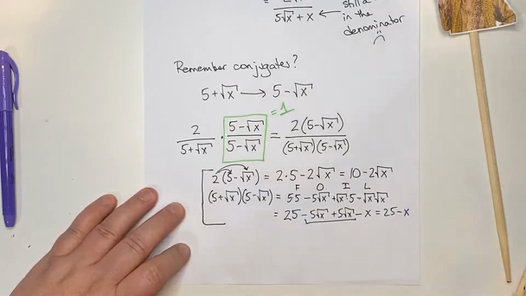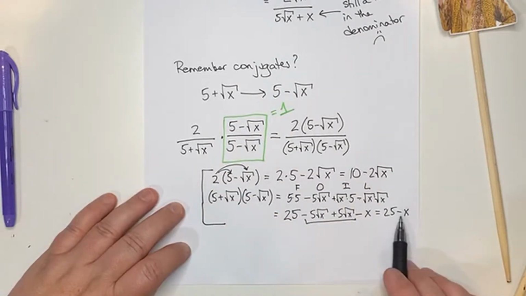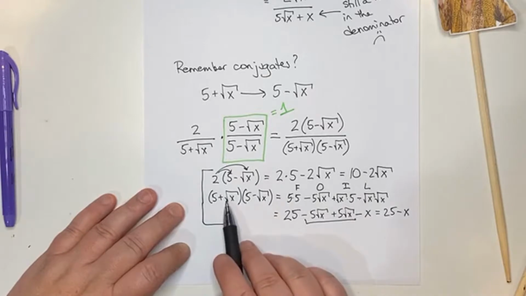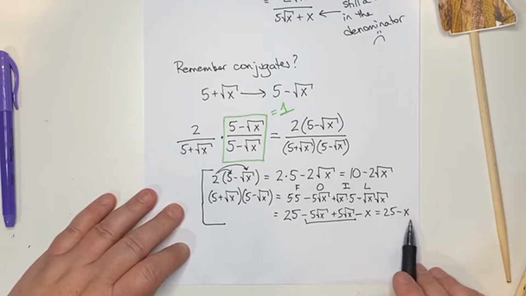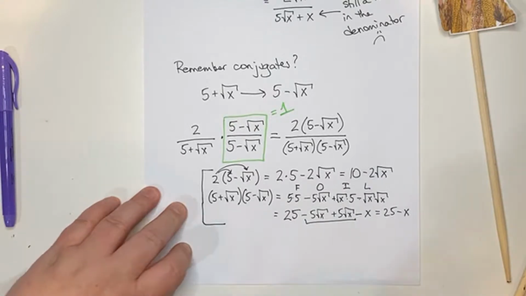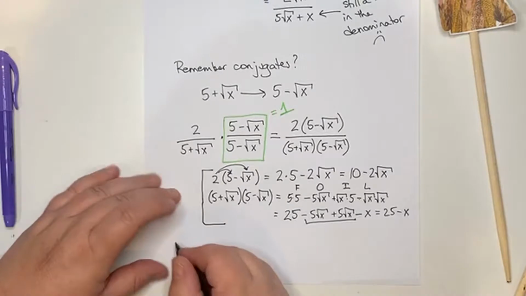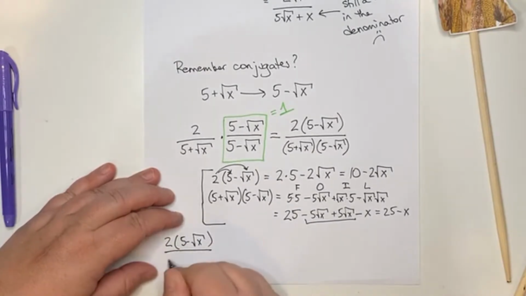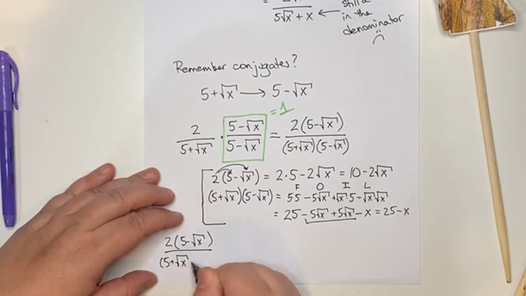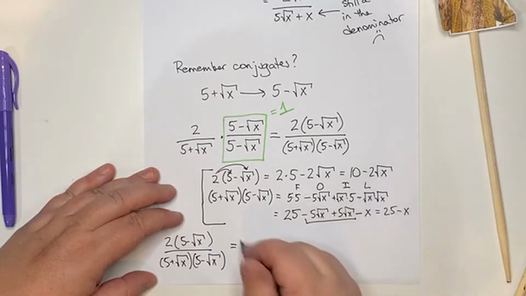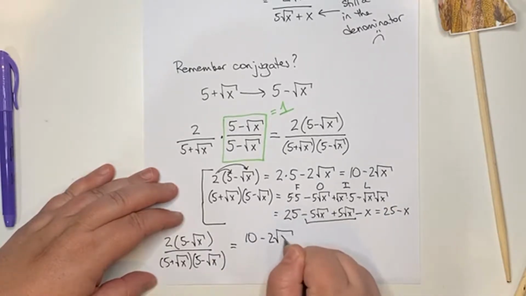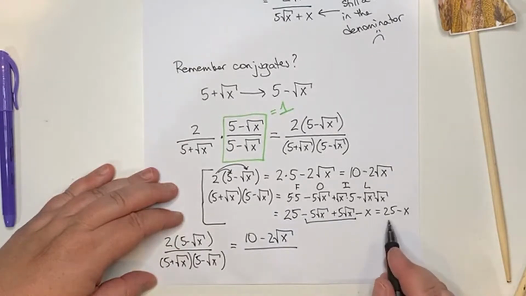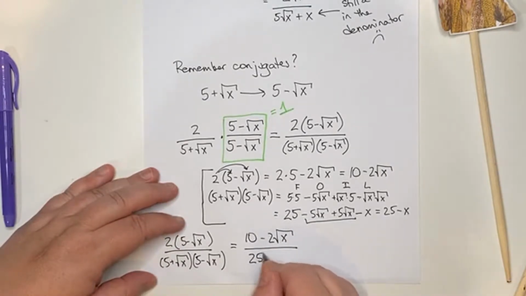This is the power of the conjugate. The conjugate, remember we talked about it, a plus b, a minus b gives you a squared minus b squared. It gets rid of the square root. Isn't that really cool? Okay, so the fraction, which was 2 times the quantity 5 minus radical x, all over 5 plus radical x, is going to be 10 minus 2 radical x all over the new denominator, 25 minus x.